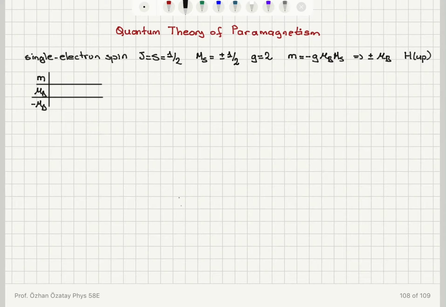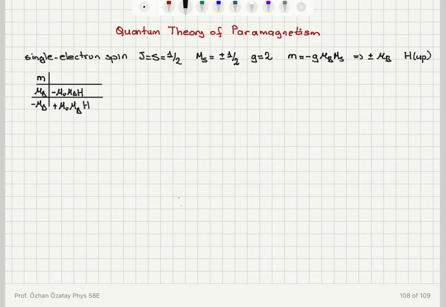The corresponding energy will be, using SI units, minus mu0 mu b H, and when it is minus Bohr magneton, it will be plus mu0 mu b H.